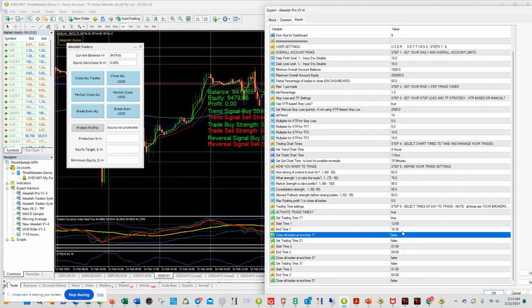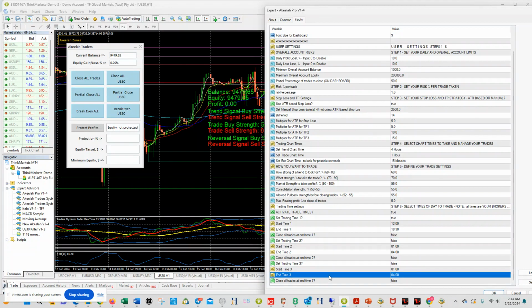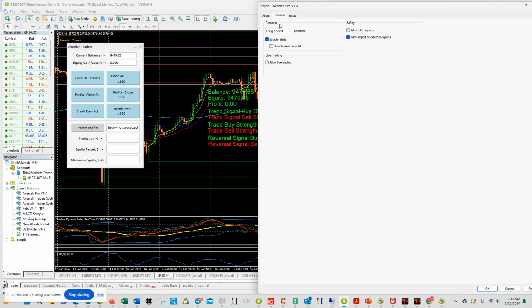If I leave that to false, it won't close the trades, but it will not take any additional trades outside of the trade time. If I'm currently in a trade, the system will continue to monitor that trade, make decisions about exit criteria, monitor my profits, etc. And so I'm able to do that for up to 3 different trade times. And that gives me some flexibility as to how I want to run this system. So those are the settings that we would use there.